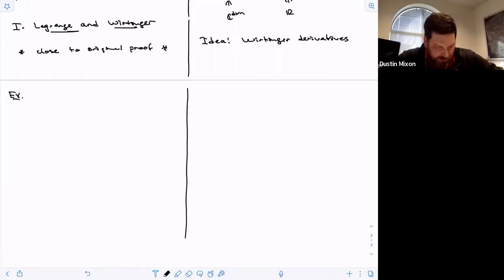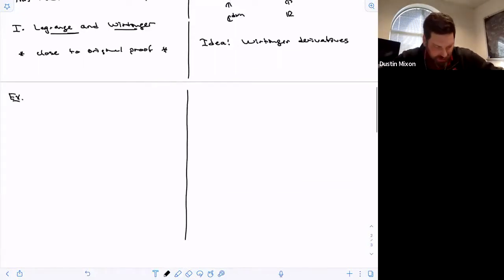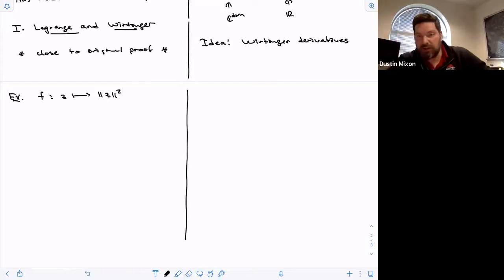I think it's most easily digested with an example. Let's say f receives a vector z and kicks out the norm squared of z, okay? I'm going to show you by example what the partial derivative is. This is a Wirtinger derivative with respect to z_i bar of this function.